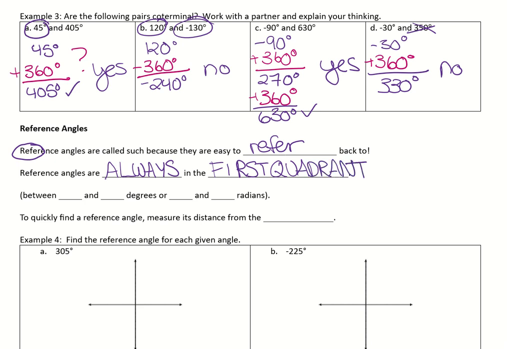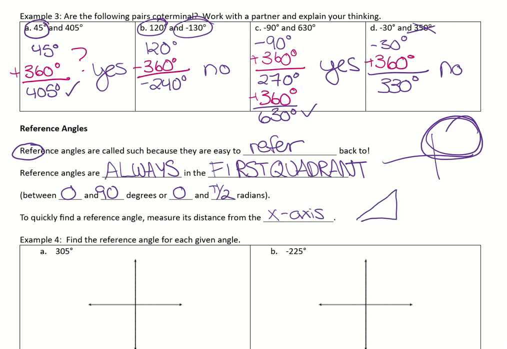So reference angles are always, always, always going to live right here in the first quadrant. So they're either going to be between 0 and 90 degrees or 0 and pi over 2 radians. So to quickly find a reference angle, measure its distance from the x-axis. Another way to think about that is draw a triangle and measure the height. The height of it is always going to give you your reference angle.